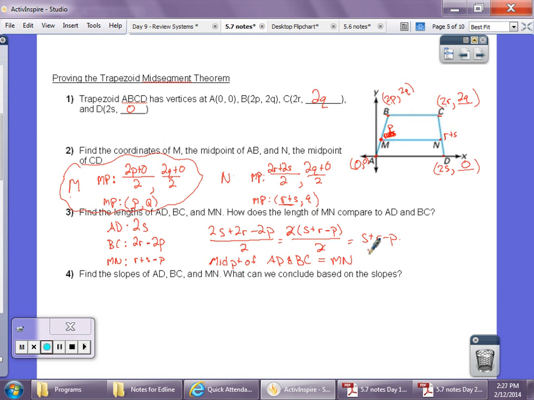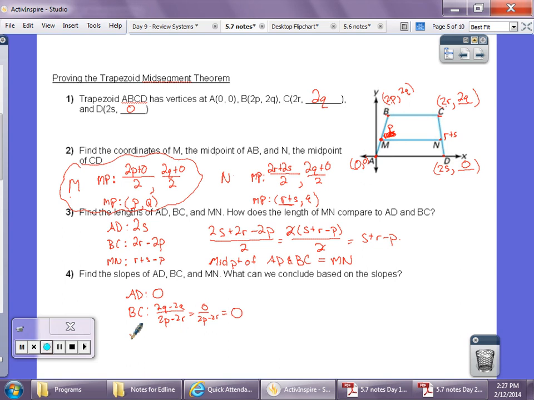And find the slopes of AD, BC, and MN. The slope of AD goes from here to here. The slope of 0 over 2S is just 0. It's a straight line. The slope of BC, if you do 2q minus 2q over 2p minus 2r, is 0 over this, which is just 0.